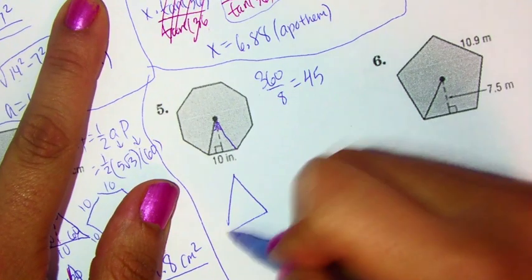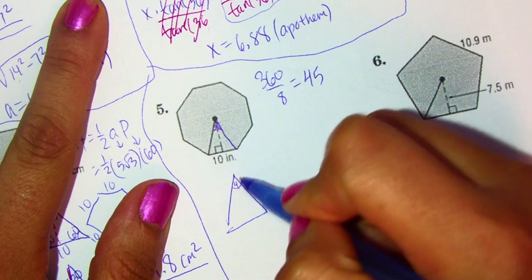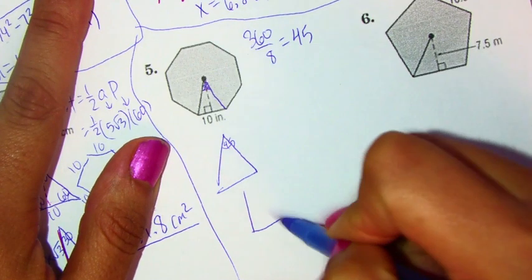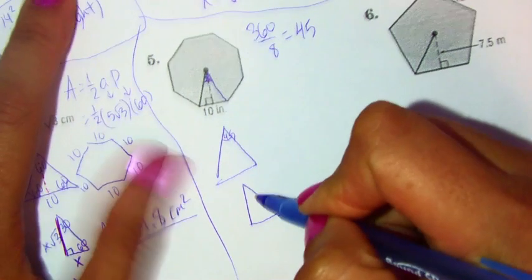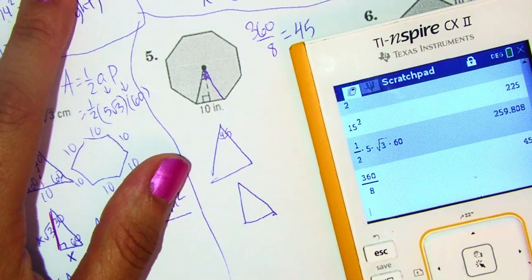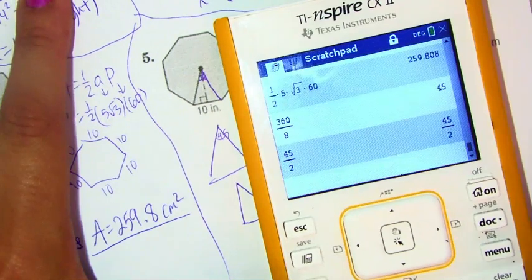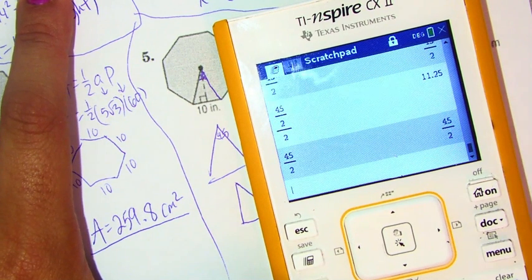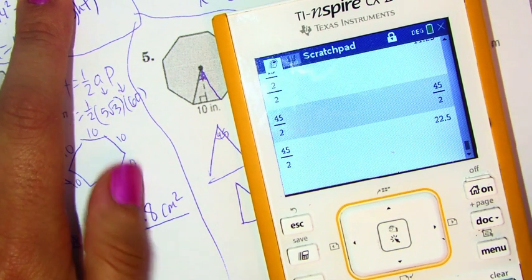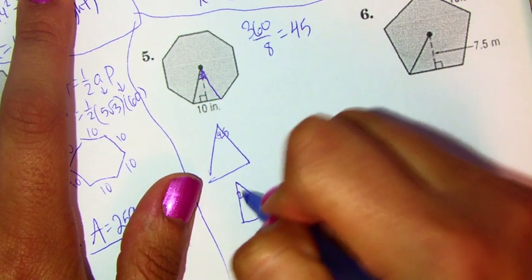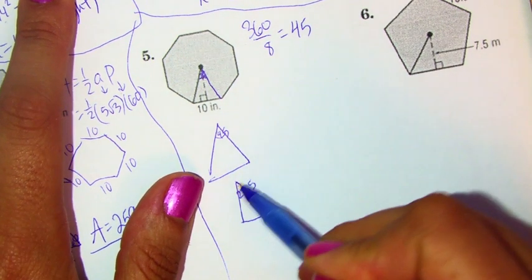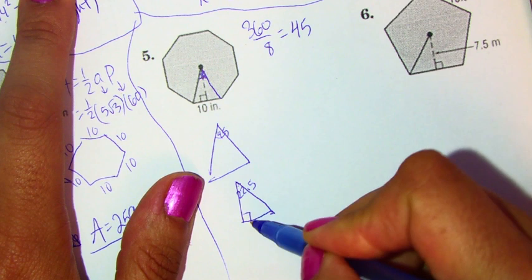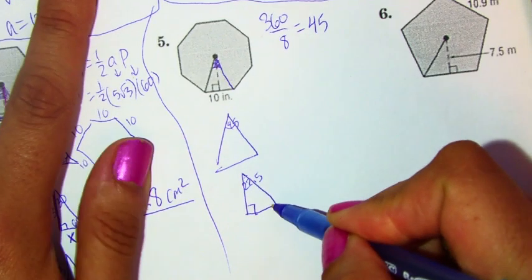So if we have a triangle that's 45 together, we only need half of it. So that means we're going to do 45 divided by 2. And that's not 11.25, it's 22.5. So 22.5 is the angle up there. We know this is 90 degrees, and we just need to find what this angle here is.